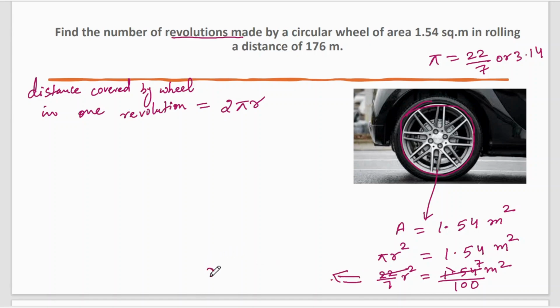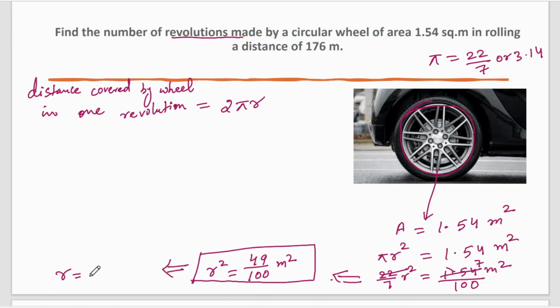Now you are left with r square equal to, see, this 7 will get multiplied with this 7, so you will be left with 49 by 100 meter square. So from here you can get r equal to under root of 49 by 100 meter square.